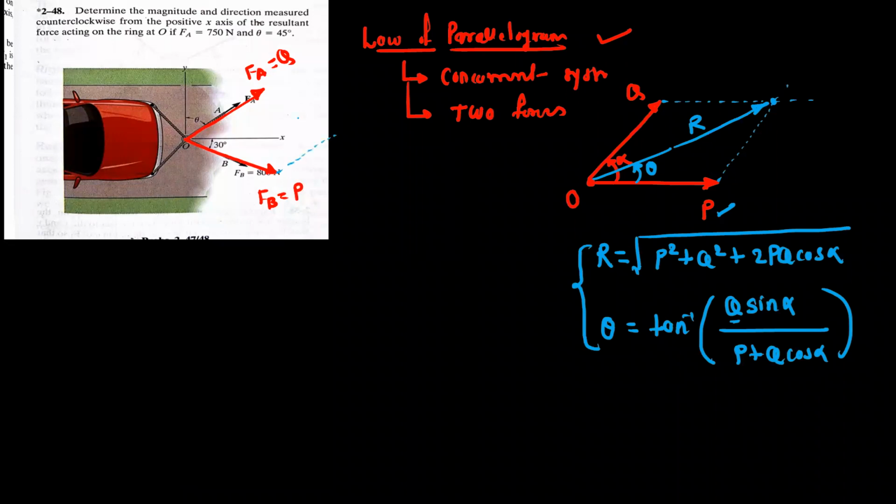So draw parallel lines like this. Then this will be the diagonal, which is the resultant R.